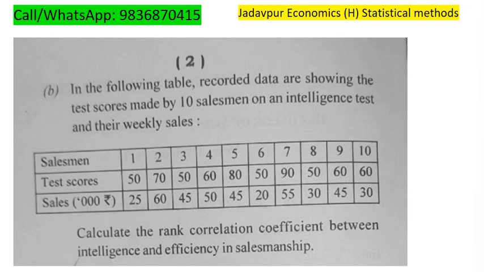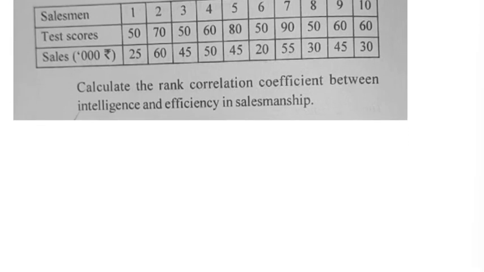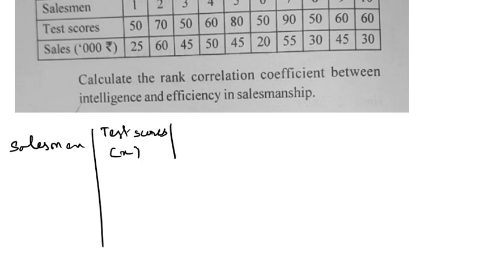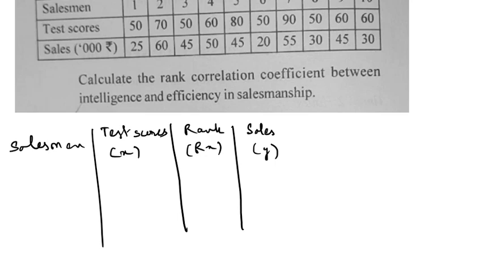In these types of questions, we have to make a table first, right? So let's build a table based on this. We have salesmen, test scores as X, and rank RX, sales as Y, rank RY.